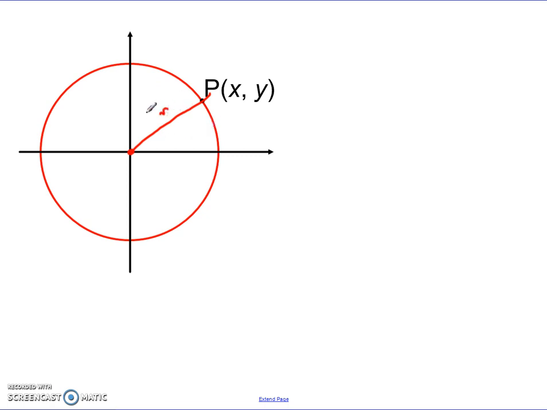Now, we can calculate the radius based on the position of this point P. We can create a little right angled triangle here where the length along here is given by the x coordinate and the height is given by the y coordinate. I can then use that to get an equation that gives me my radius. If we use Pythagoras, we know that the radius then is equal to the square root of x squared plus y squared.